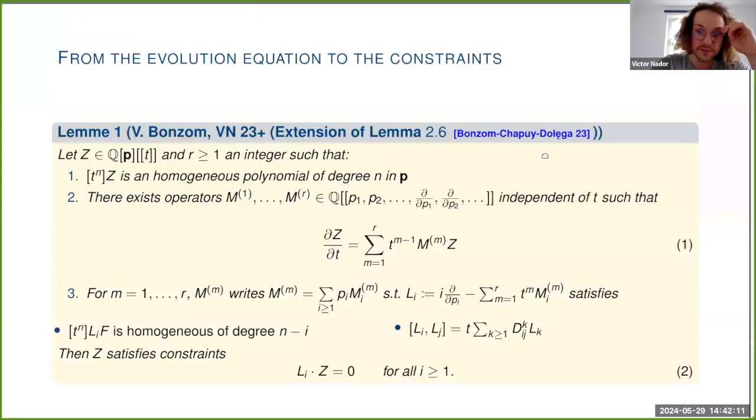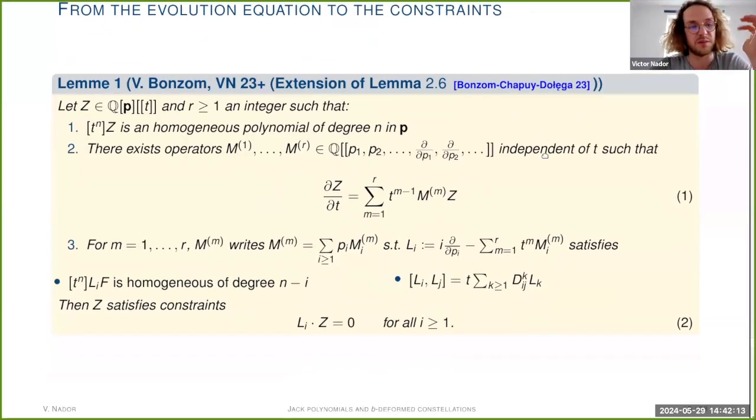And actually, this is something that you can do under some technical condition. So essentially, you say you have an equation of this form. So the derivative of your generating series with respect to t takes the form of a sum of monomials in t to some positive power, and a differential operator in p and its derivative.